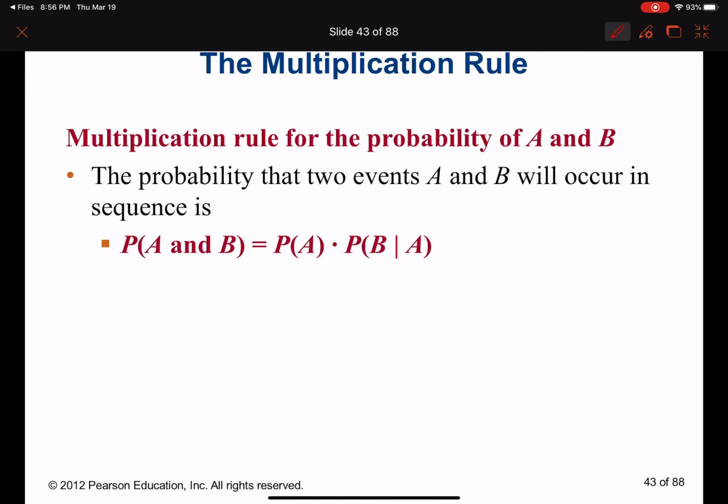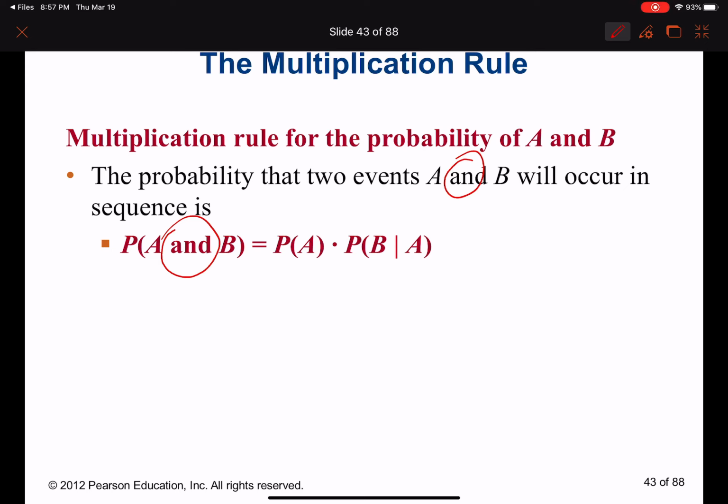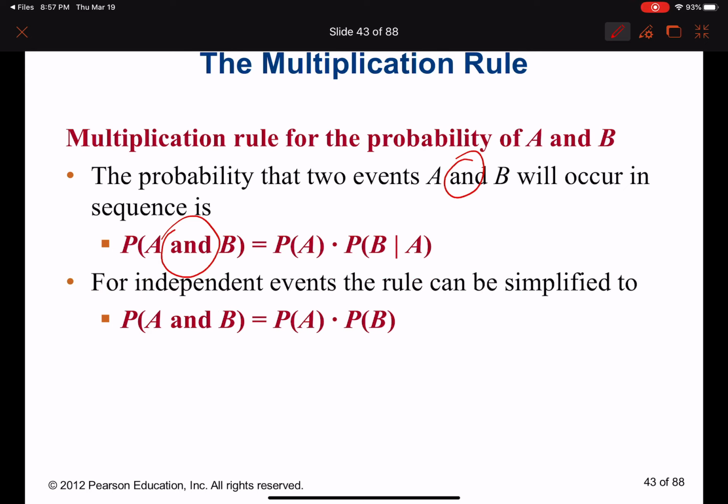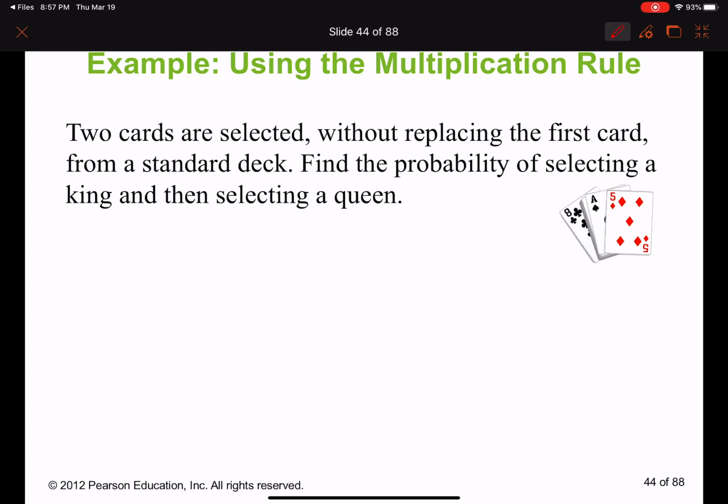So, the multiplication rule. One thing you need to know: every time it mentions "and," it converts mathematically into multiplication. Let's look at the event. Two cards are selected without replacing the first card from a standard deck. Find the probability of selecting a king and then selecting a queen.